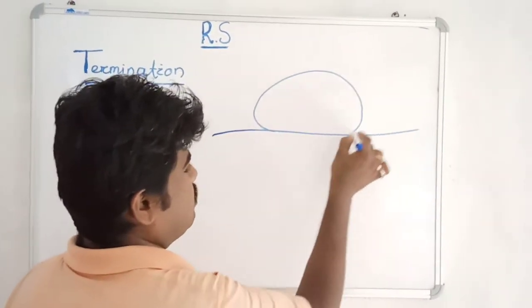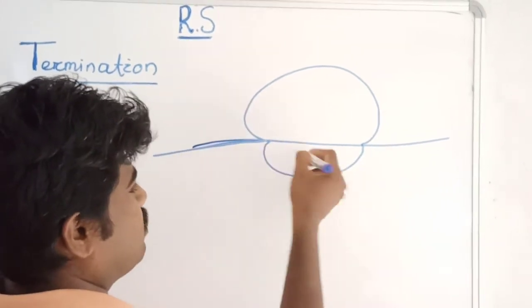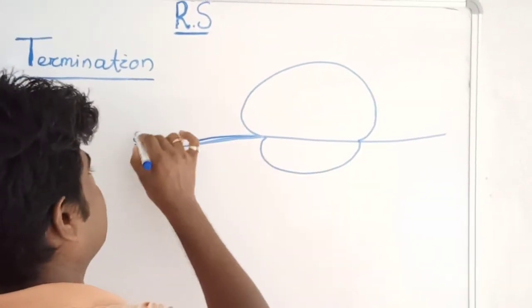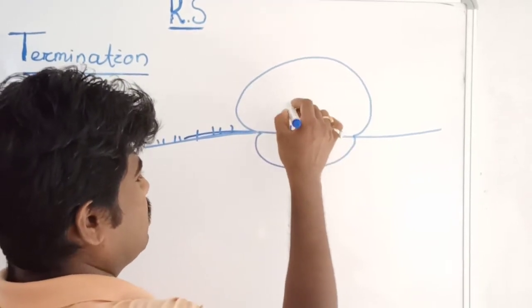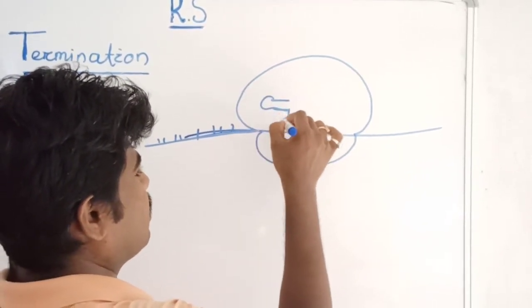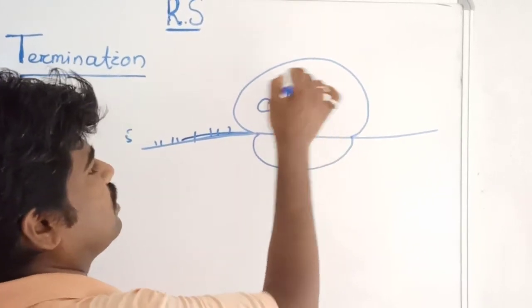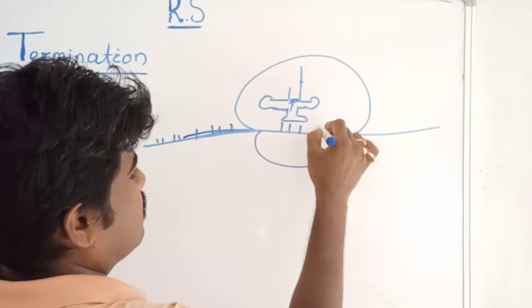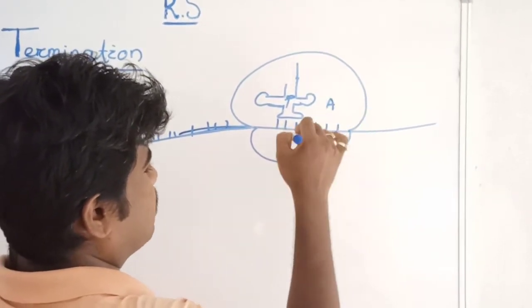So this is the larger ribosomal subunit and this is the smaller ribosomal subunit, and this is the P site and this is the peptidyl tRNA, and this is the stop codon, that is the A site.